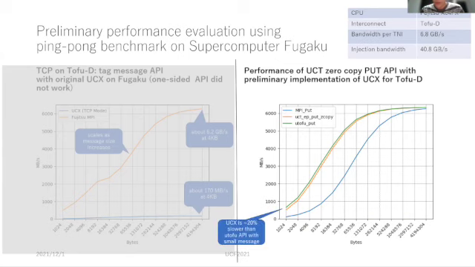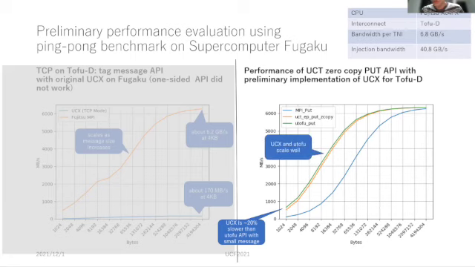First of all, for smaller message sizes, UCX has some overhead compared to UTOFU. But this is because we wrapped the UTOFU API with UCT, and this is an expected overhead. We want to see if we can improve this overhead.